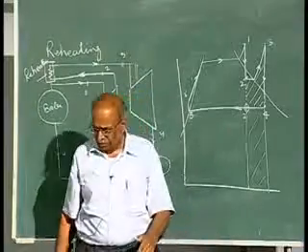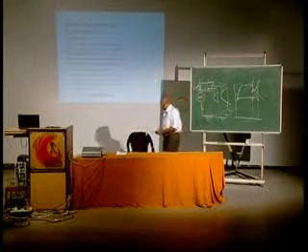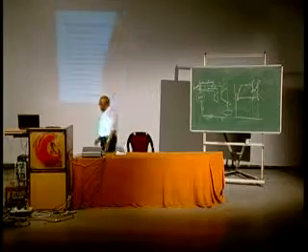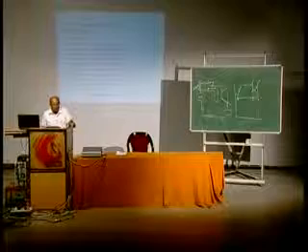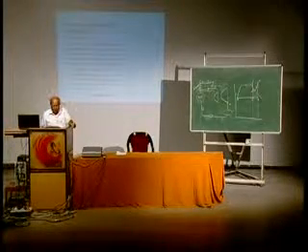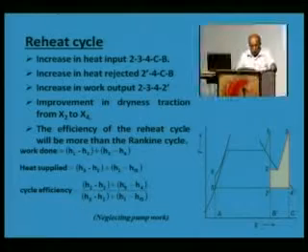Normally, the efficiency and the total capacity of the plant increase if steam is reheated, and a number of stages are employed in most power plants. A large number of stages are provided so that the capacity and the efficiency of the plant both increase. And this reheat cycle has been shown here.